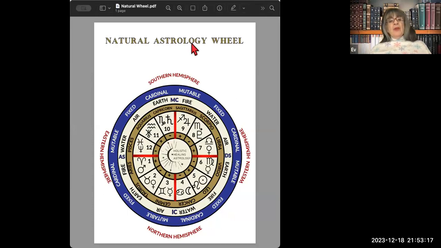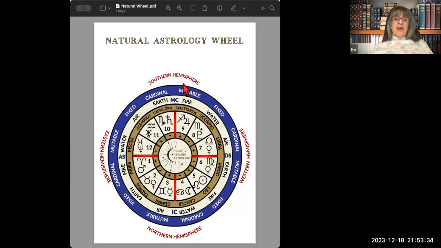So when you learn astrology, we use a natural astrology wheel to understand the natural positioning of astrology and the zodiac.